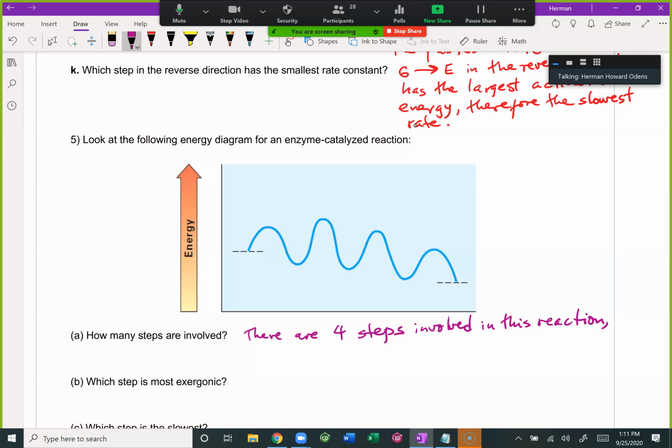So how many intermediates do you read? So we have one product. How many intermediates do you read? Three. 3, very good. There are 3 intermediates.